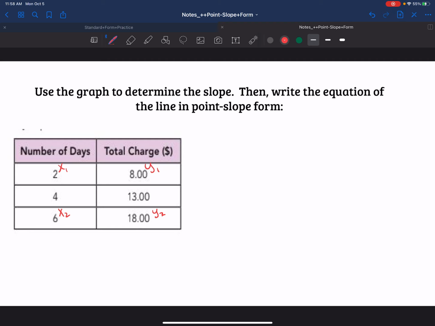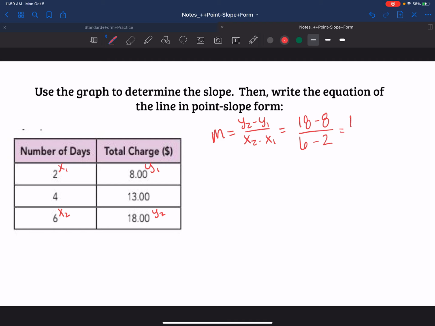Guess it feels better. So first thing we want to do is solve for the slope. Remember the slope formula, y2 minus y1 over x2 minus x1. So for this one, I take my y2 is 18, and then my y1 is 8, so subtract 8 over x2, which is 6, minus 2.